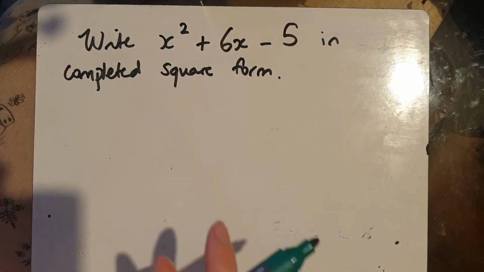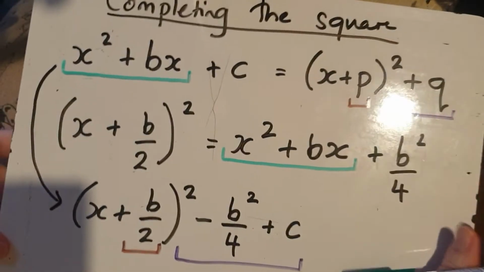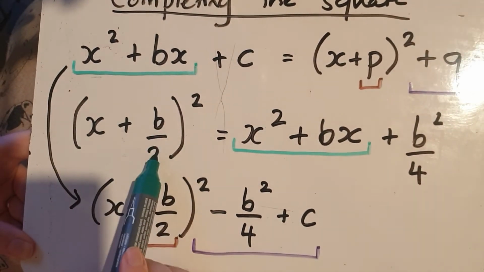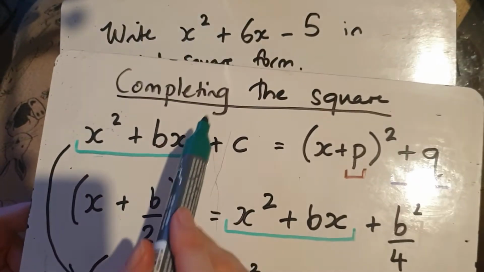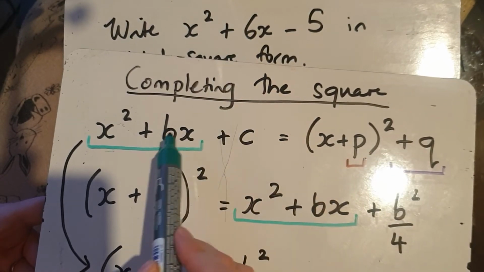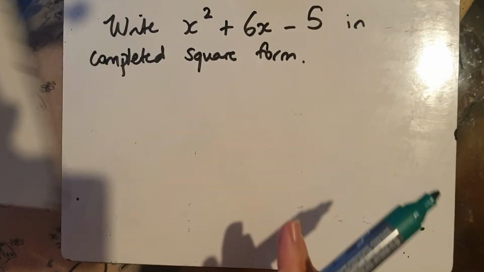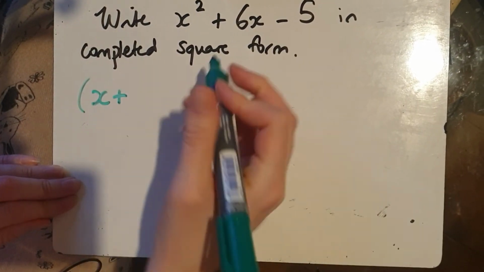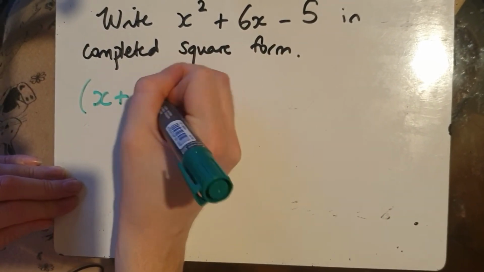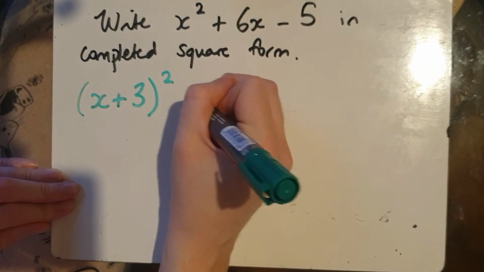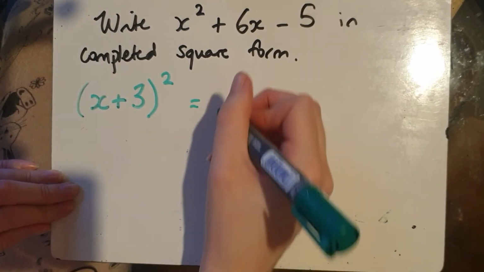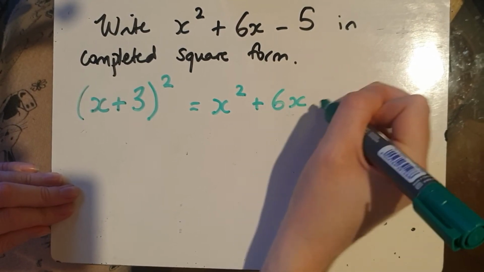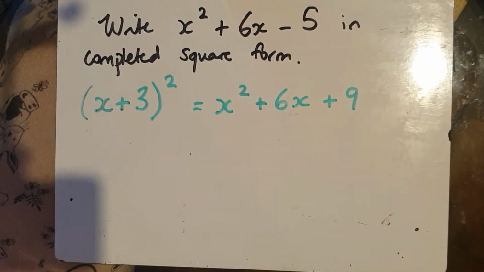The first thing we do is this bit, this x plus b over 2 squared. So b is 6. So I'm going to do x plus 6 over 2 is 3, and then squared. And if I multiply this out, I get x squared plus 6x plus 9.